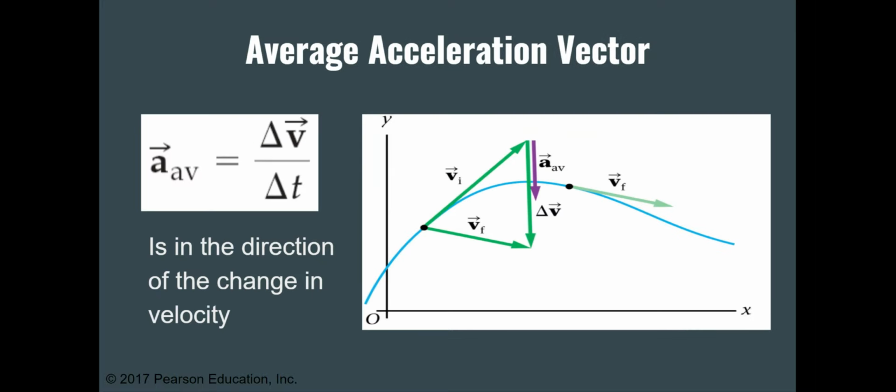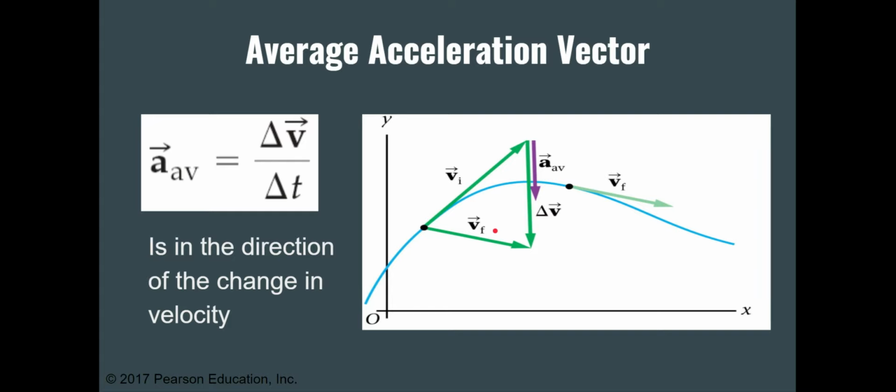The average acceleration vector, and again, we can recall from the previous unit that acceleration is found by looking at our change in velocity and dividing it by the change in time. So we have our initial velocity, which is moving in this direction, and the final velocity, it's over here, and it's actually moving in this direction.